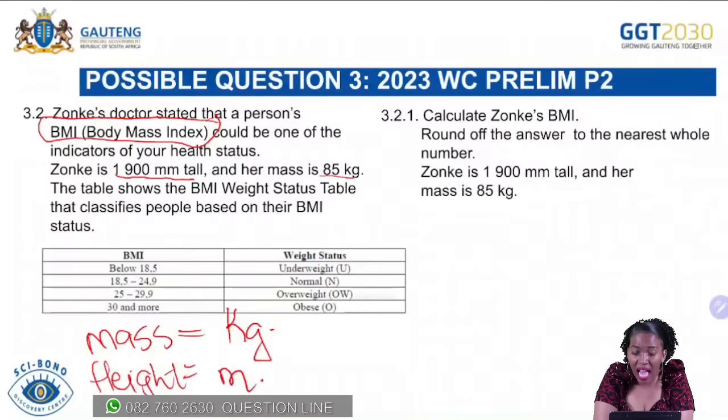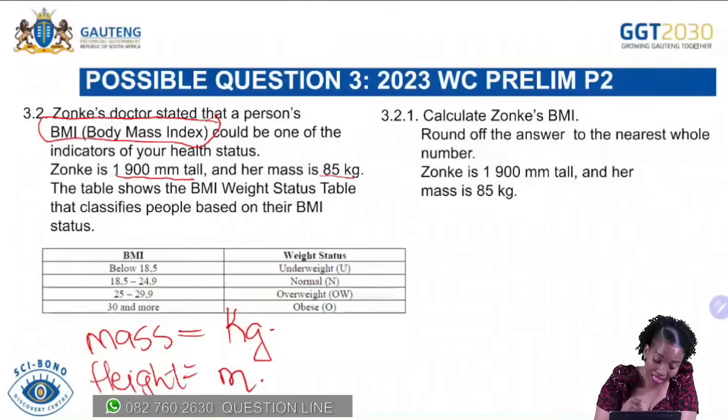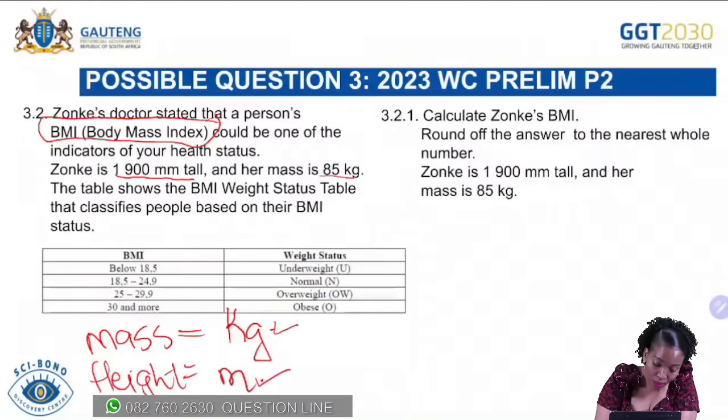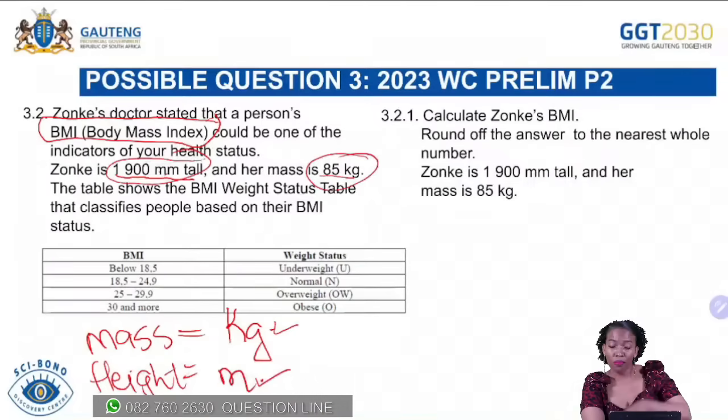If they give you the height in centimeters or in millimeters, you must know that is meant to confuse you. So you must stay woke and know that whatever unit they give you, the height must always be in meters. So here already we have a problem because they gave us the height in millimeters. It means we must convert it to meters, whereas the mass is 85 kilograms and we are happy.